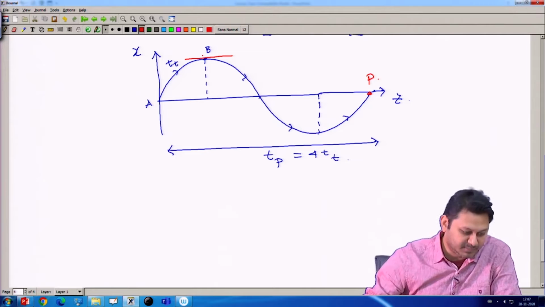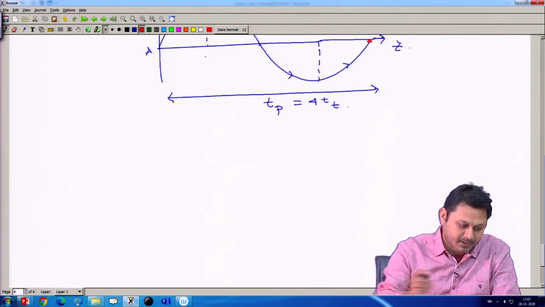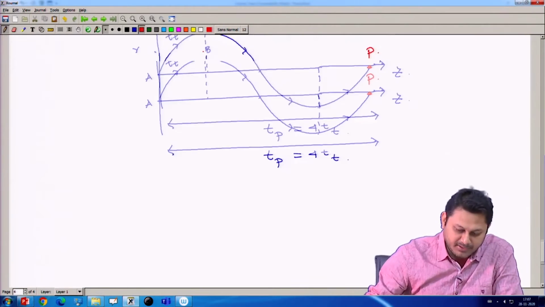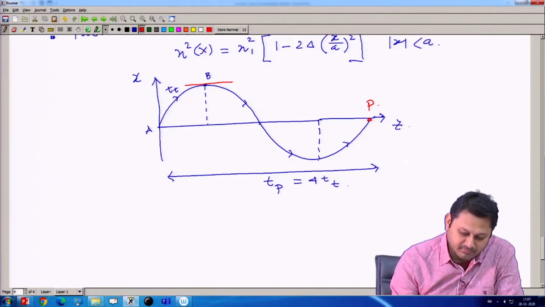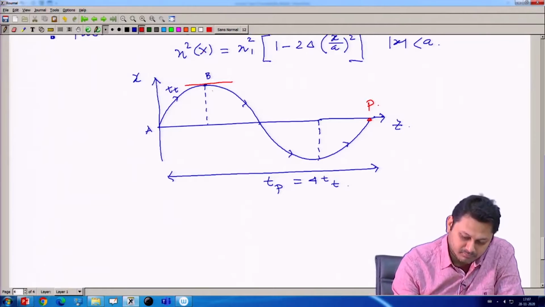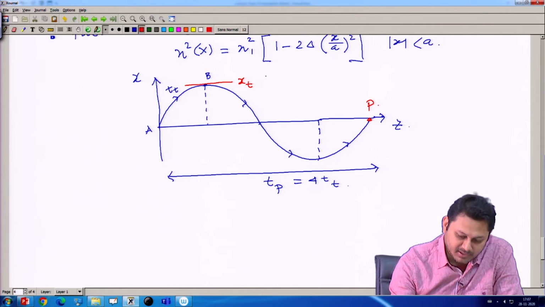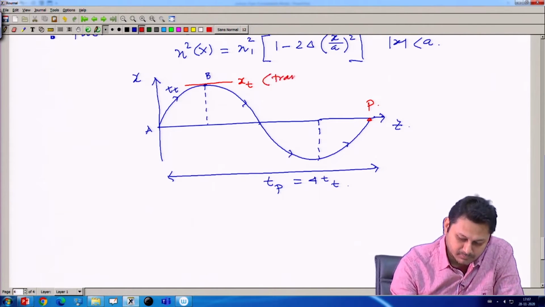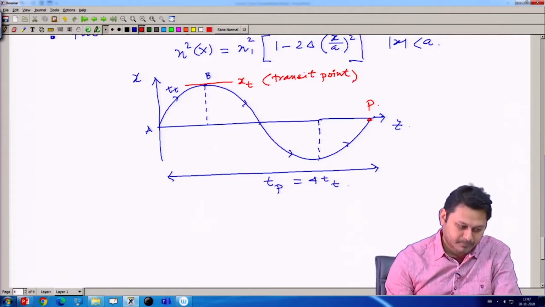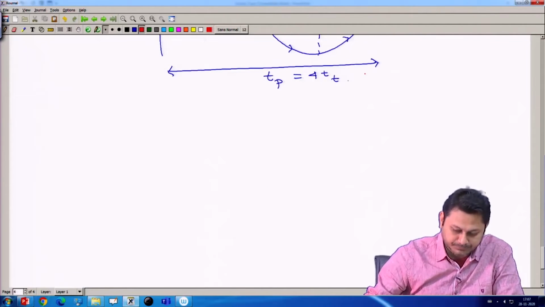So, this is a very special point. I call this point x t, because it is a specific point, the transit point.